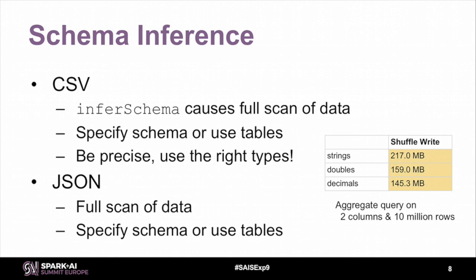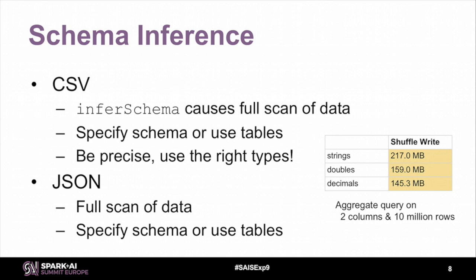So you can specify your own schema, or you can use data source tables. And I go into a lot more detail on this in my talk from last year, so I definitely recommend looking at that. But if you are going to specify your schema, it's important to be precise, right? Don't just set everything as string or doubles without thinking about the impact to your job.